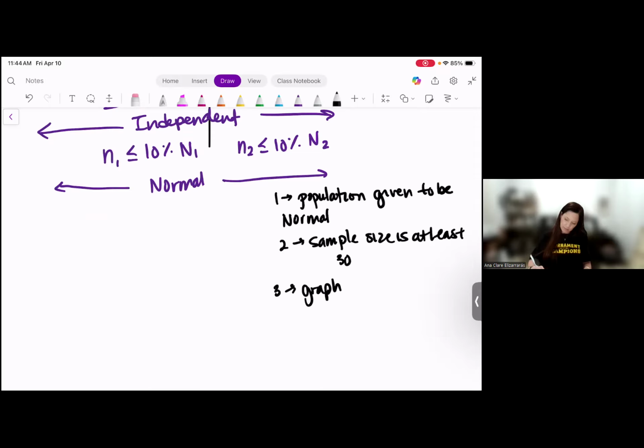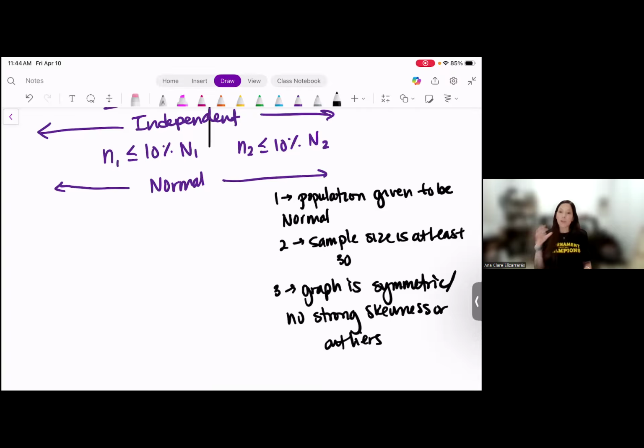So graphs are symmetric, with no strong skewness or outliers. That's true for both samples. So the n1 population either needs to be given to be normal, or is at least 30, or you graph it. The n2 population is normal or it's greater than or equal to 30, or symmetric.